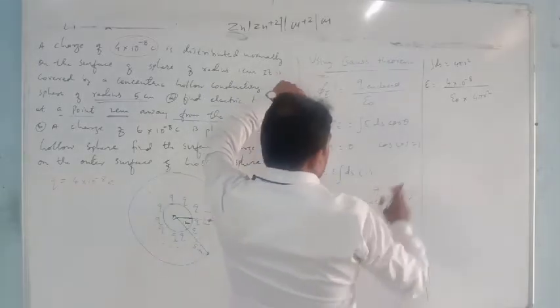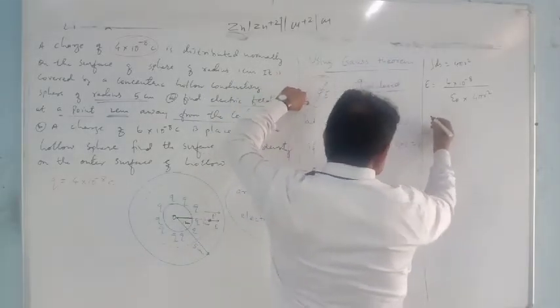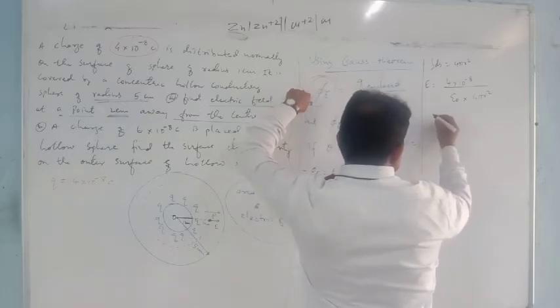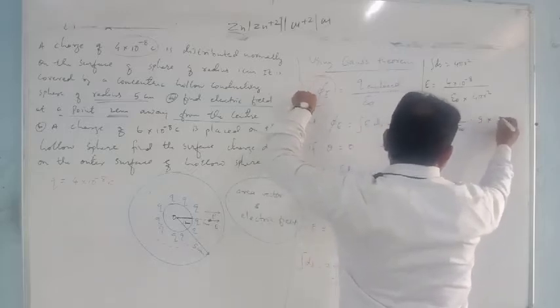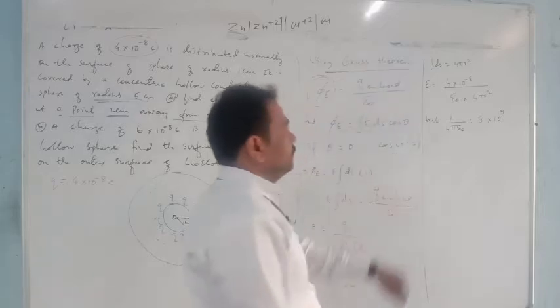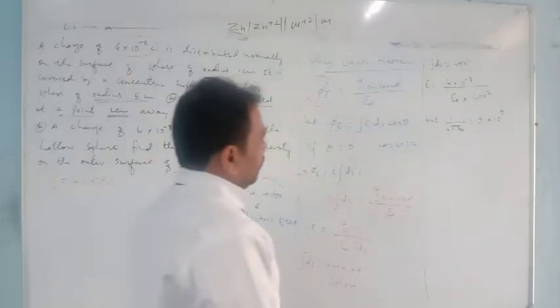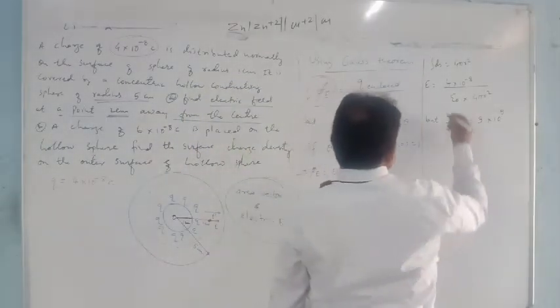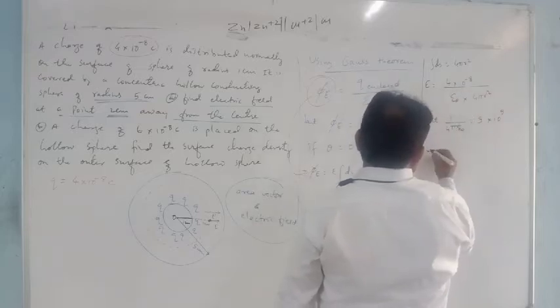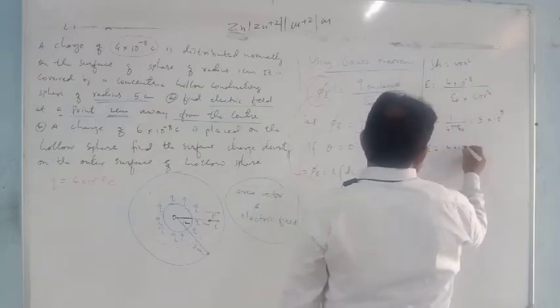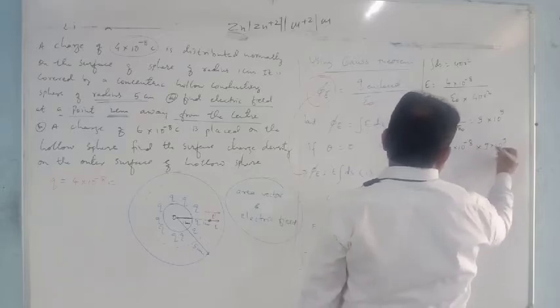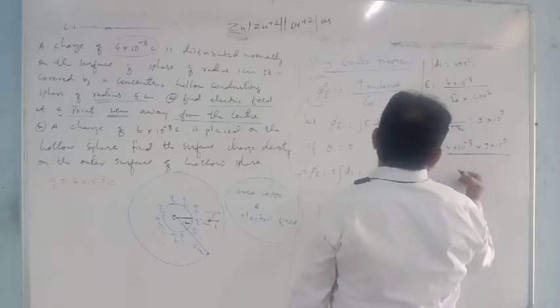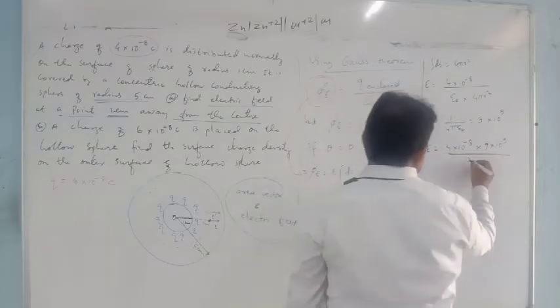So here we can write E is equal to, but 1 by 4 pi epsilon naught has the value 9 into 10 to the power 9. So therefore E is equal to 4 into 10 to the power minus 8 multiplied by 9 into 10 to the power 9 upon r square.